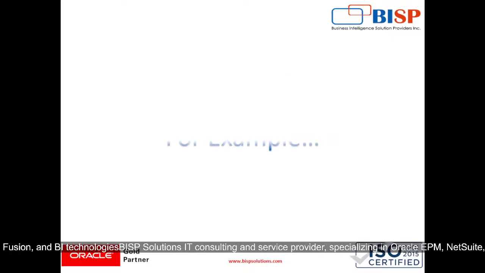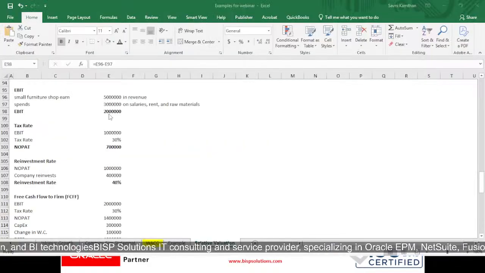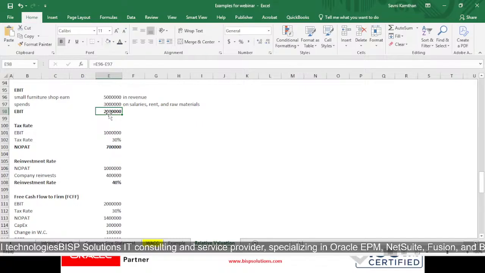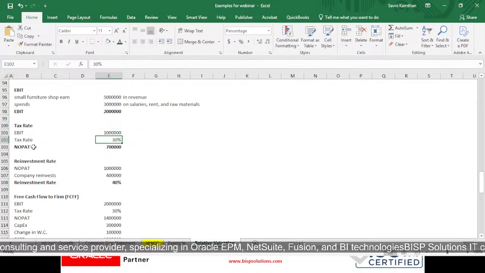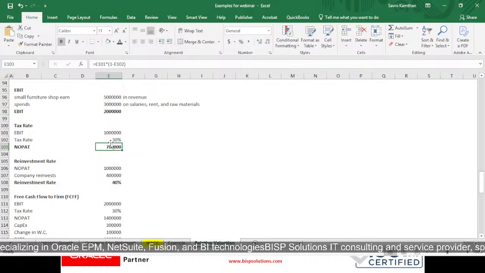So while doing this, you have to use this formula, right? For the example, if our EBIT is 20 lakh and the tax rate is 30%, the NOPAT value will be around 14 lakh. How to calculate that? Again, NOPAT equals EBIT into 1 minus tax rate.